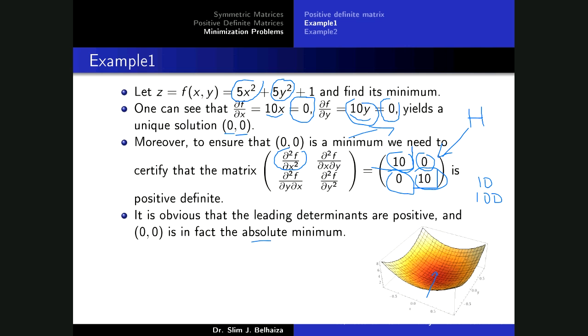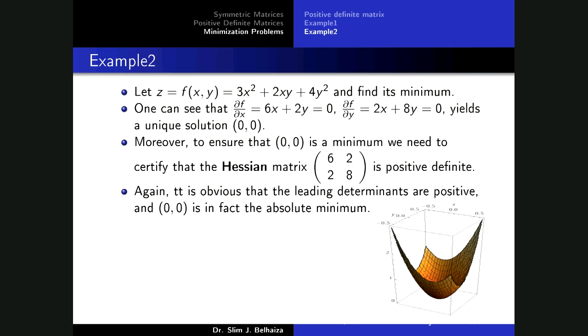What about the second example? With the second example, I have 3x squared plus 2xy plus 4y squared as my function. If I compute the first derivative with respect to x, I have 6x plus 2y. And on the other side, if I differentiate with respect to y, I have 2x plus 8y.